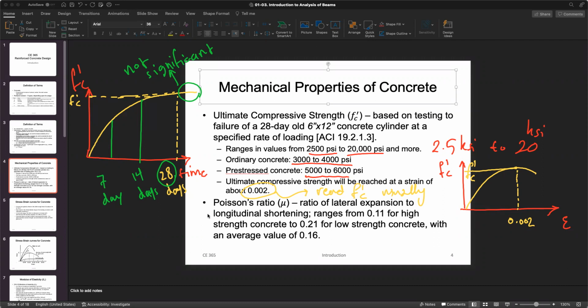Poisson's ratio is another mechanical property. It is also shown by nu, mu or nu. It is the ratio of lateral expansion to longitudinal shortening, and ranges from 0.11 for high strength to 0.21 for low strength concrete, with an average of 0.16. So nu of concrete is usually 0.16.